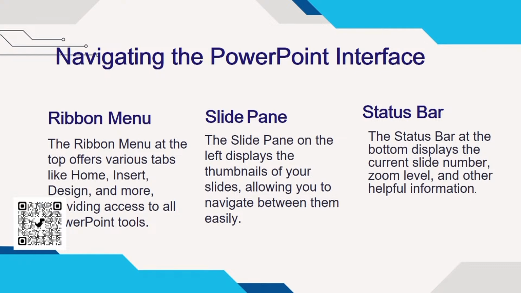So it displays the thumbnails of your slides, allowing you to navigate between them easily. Next is the status bar at the bottom, which displays the slide number, zoom level and other helpful information. We will see all of these things in the demo part, that what are the different parts of the screen of PowerPoint.